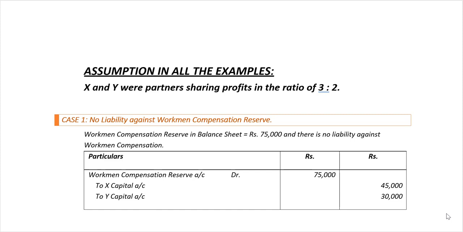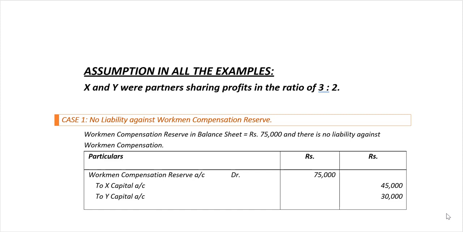The partnership firm of X and Y is being dissolved, and X and Y are partners sharing profits in the ratio of 3:2. So this is the assumption for all the cases which will be discussed.